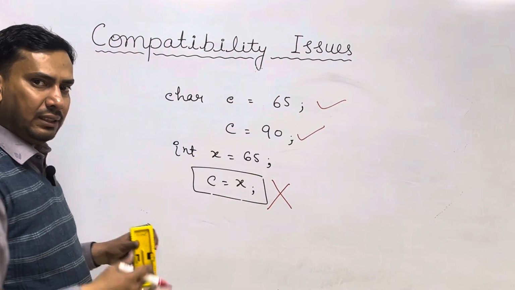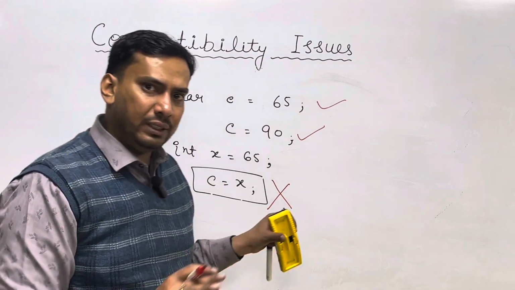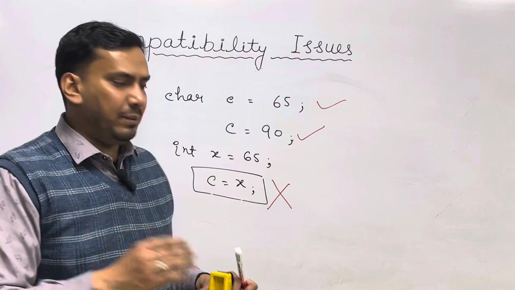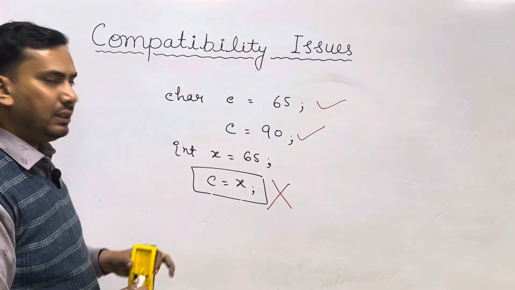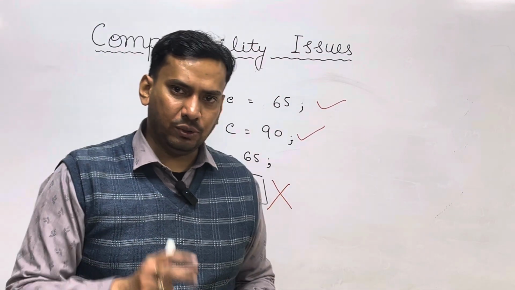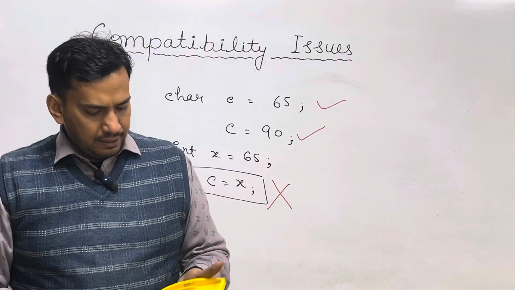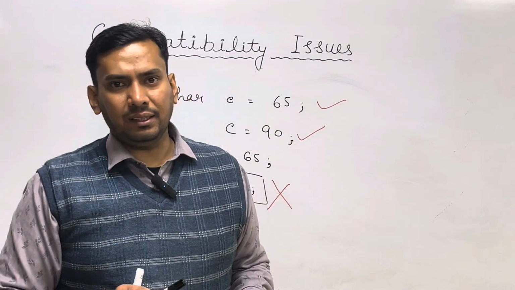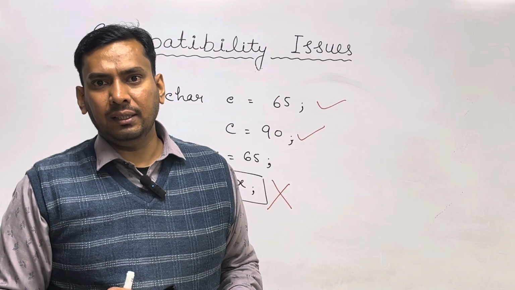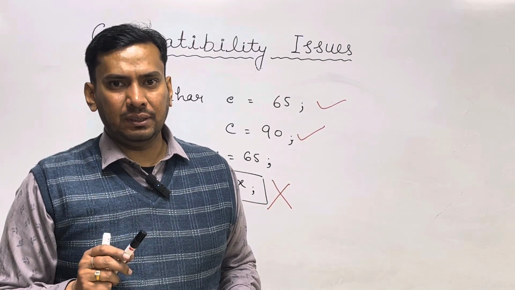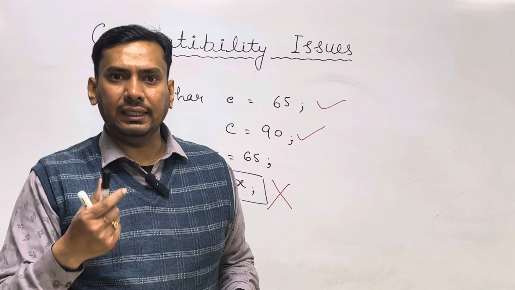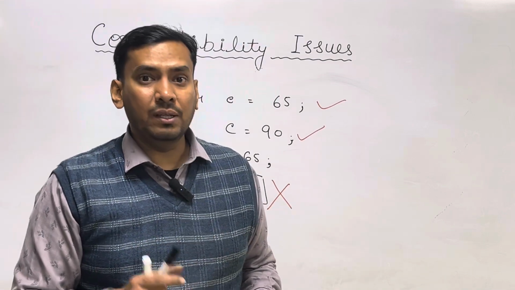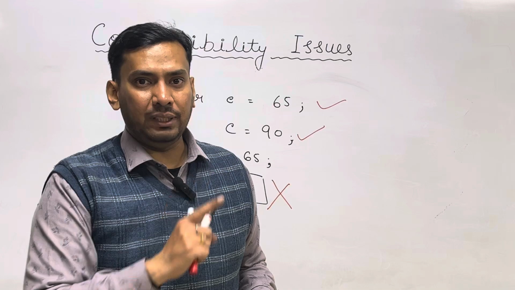So this is the general rule where there is no need of typecasting, but char also allows typecasting. In this case, what you need to do is narrowing. So a simple rule is that char is compatible with all the numeric types, that is called integral types, which includes integer types as well as floating point types, with the narrowing concept.